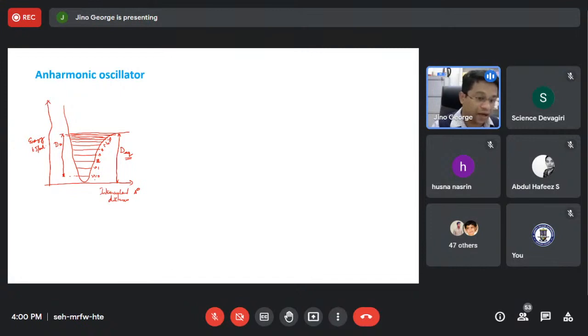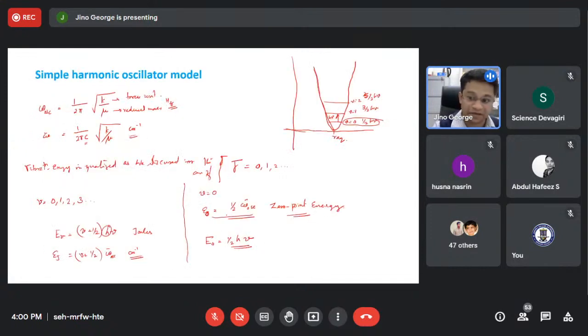So you can have transitions possible. Previously, for a harmonic oscillator, you can have only delta v equal to plus or minus 1. This is the selection rule for a harmonic well.